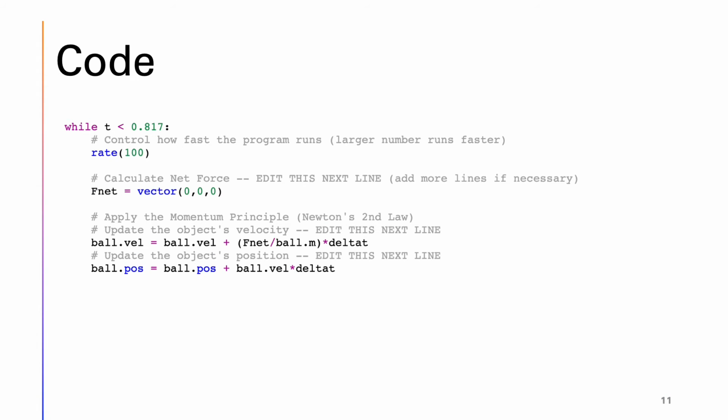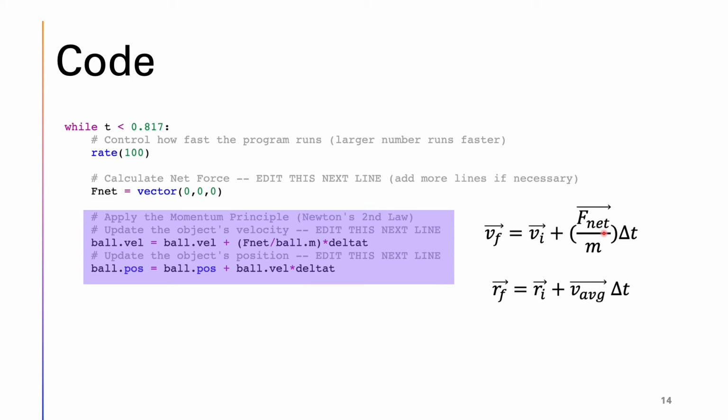Moving on to the next section of code, which contained the while loop of motion prediction. First, I inputted the final stopping time of the video used in Tracker, which was about 0.8 seconds. Then I left the Fnet vector unchanged since the net force in our experiment is assumed to be 0, following Newton's first law.